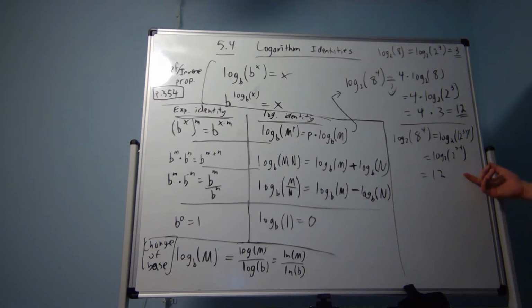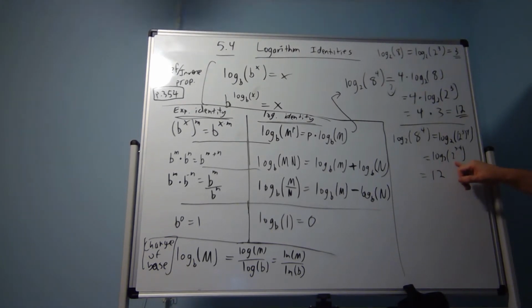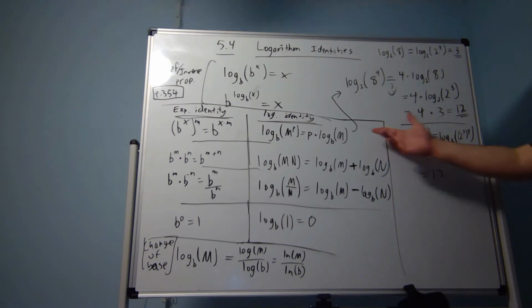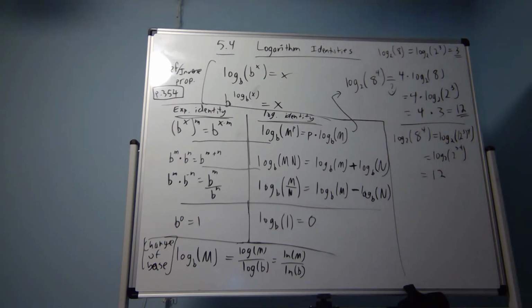So we solved the exact same problem 2 different ways. One way, we use the exponential identity, and then use the logarithm to just cancel the bases. And the other way, we use the logarithm identity to do everything in terms of logarithms.